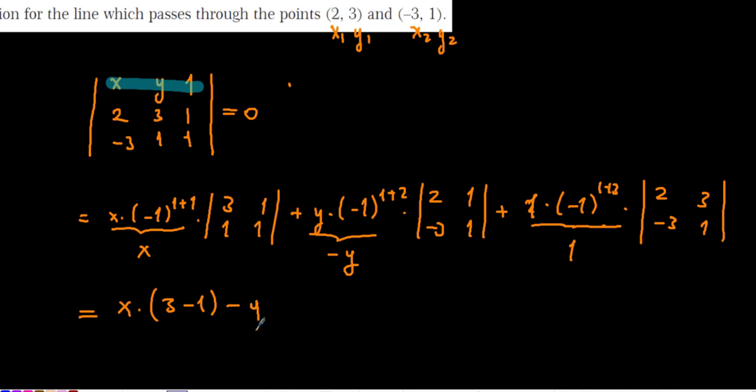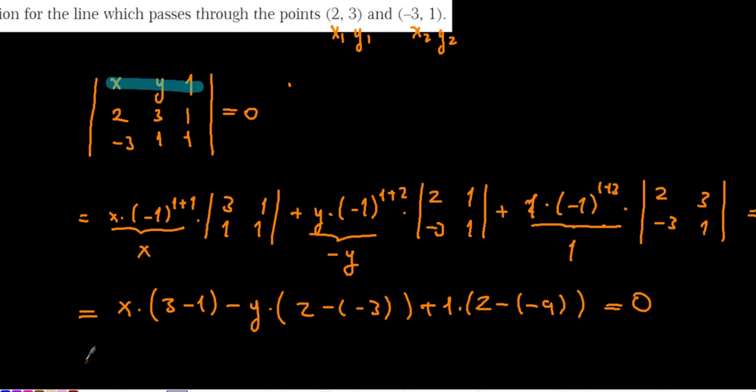Then if I write the formula here again, x times 3 minus 1 plus, minus y, I said, minus y times 2 minus 3. Then the last one is coming, plus 1 times 2 minus 9. And this should be equal to 0. I forgot that one.